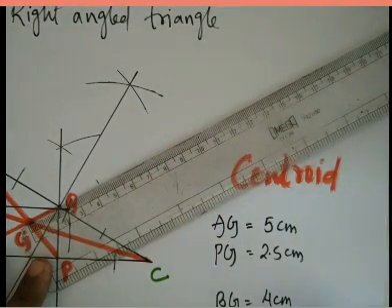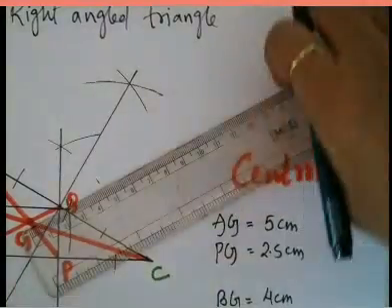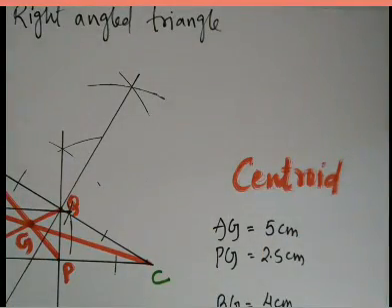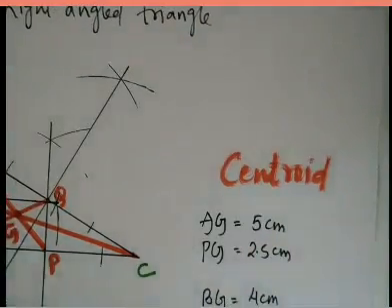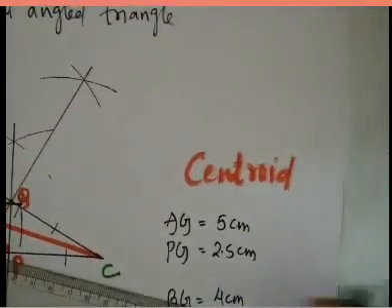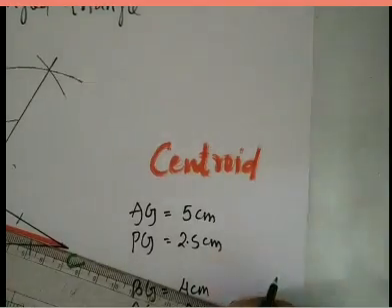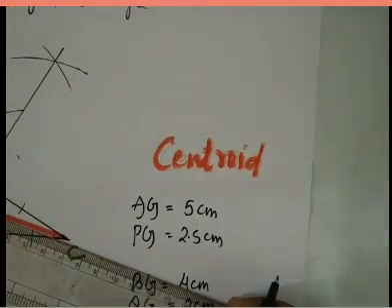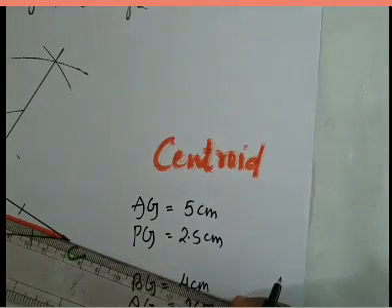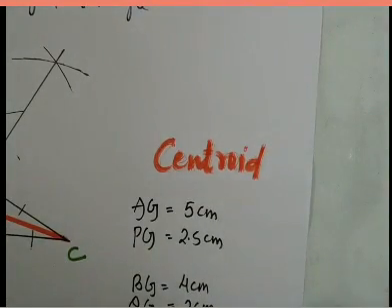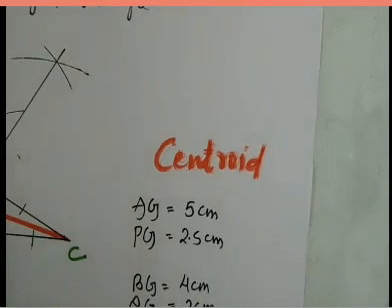QG is giving 2 centimeter. Same way now we'll do with the third median also. Let's measure the distance of C and G. CG is 7 centimeter.